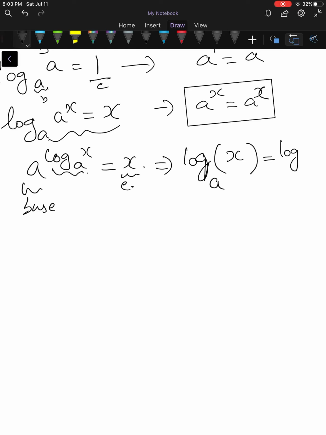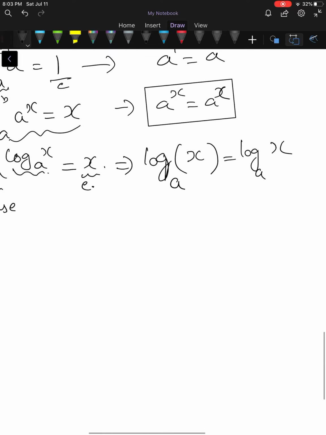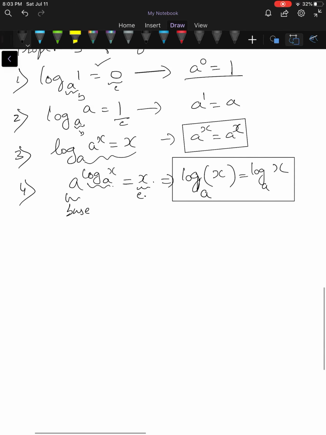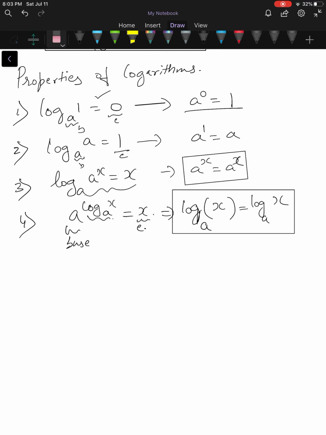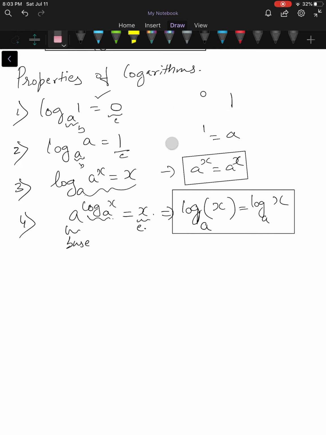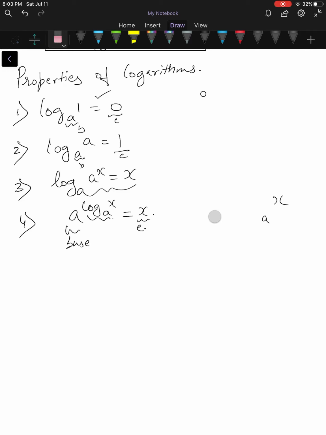So log a of a to the x is nothing but the exponent. So LHS is equal to RHS. So all the properties make sense. To repeat again, these properties are really essential, and we use them forever, even in higher levels of mathematics. So it is better you know all these properties very well.